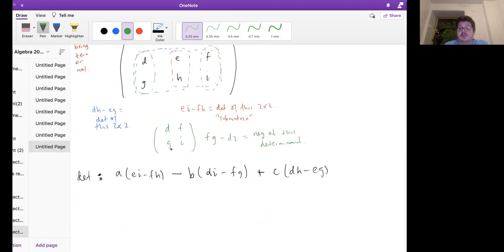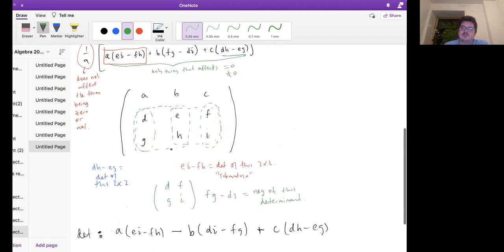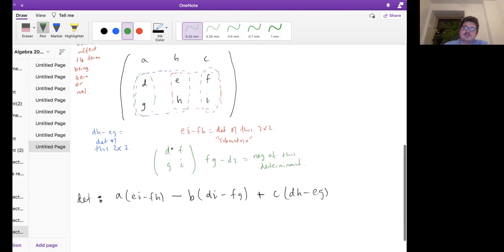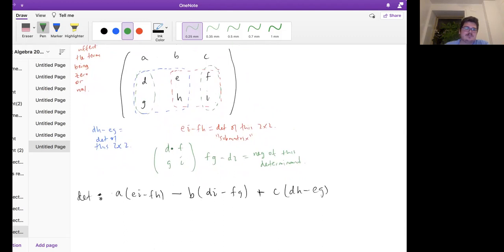And we came up with this formula. Now, the remark that these things in parentheses are determinants of the smaller matrices will make this formula a bit nicer. But does everyone agree? Everyone see that?